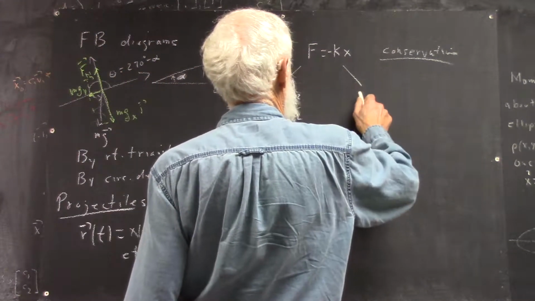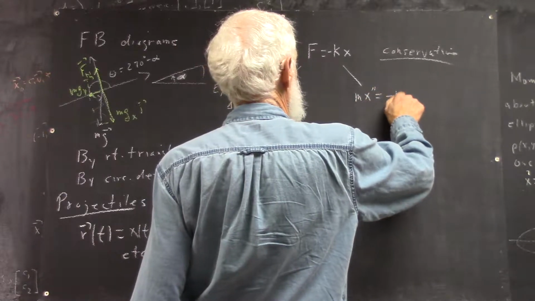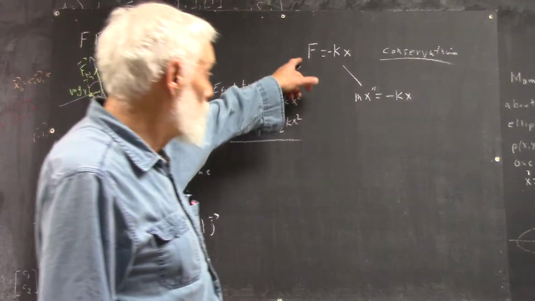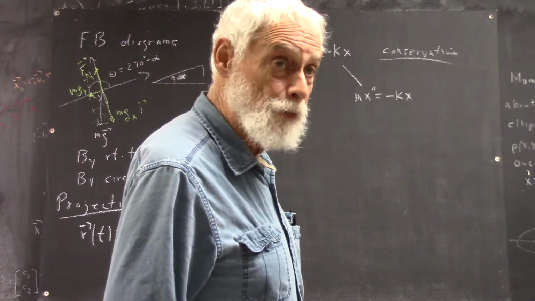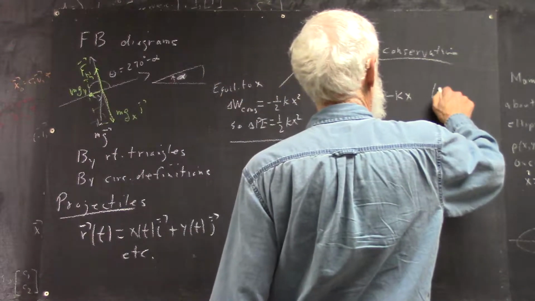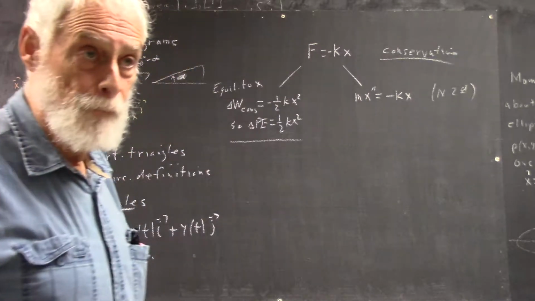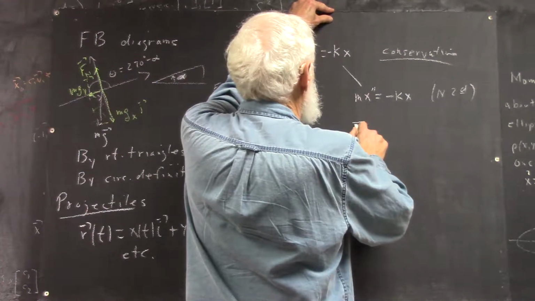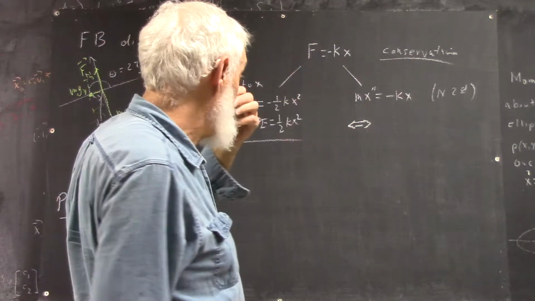Here. Mx double prime equals negative kx because force is mass times acceleration, right? And x double prime is acceleration. Newton's second law, okay? Now you can't tell me why this is equivalent.